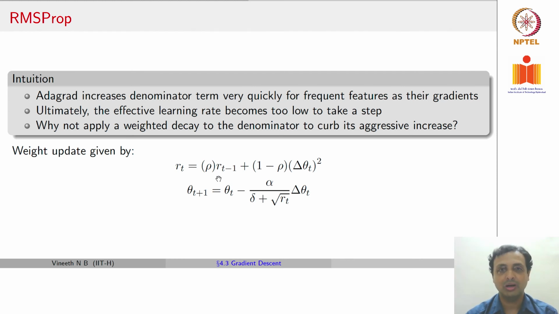So rho RT minus 1 plus 1 minus rho delta theta t whole square. This now ensures that because of the rho and 1 minus rho, the sum cannot keep exploding and is now controlled. Think about it for a while as to why, and you'll get why this will not allow you to explode. And now your theta t plus 1 and theta, this entire expression is exactly the same as Adagrad.